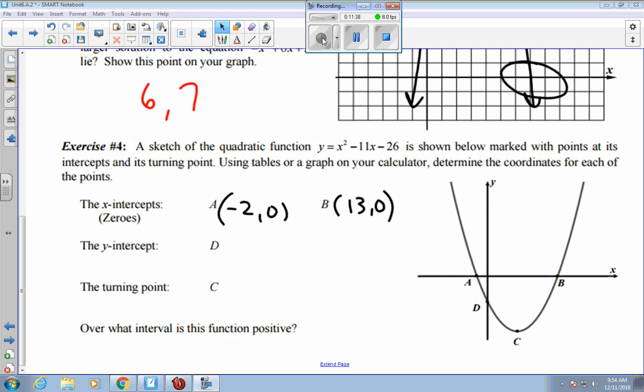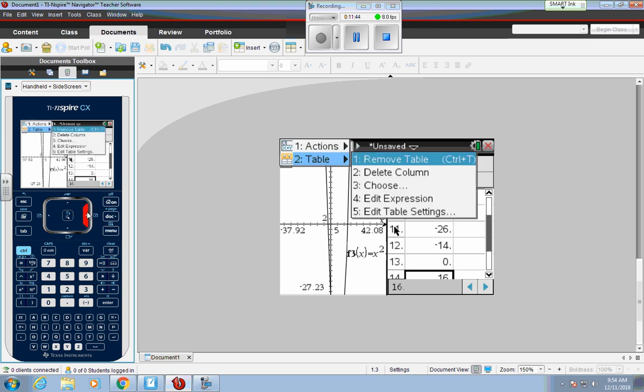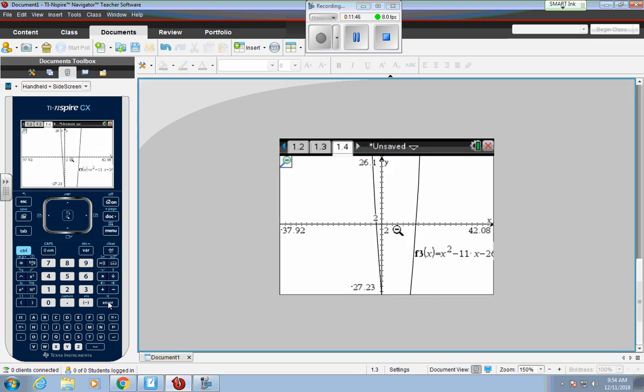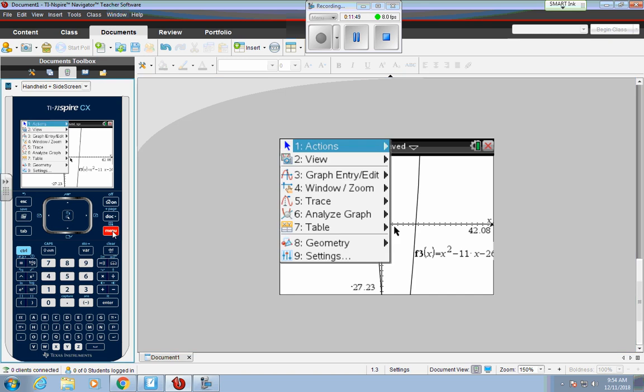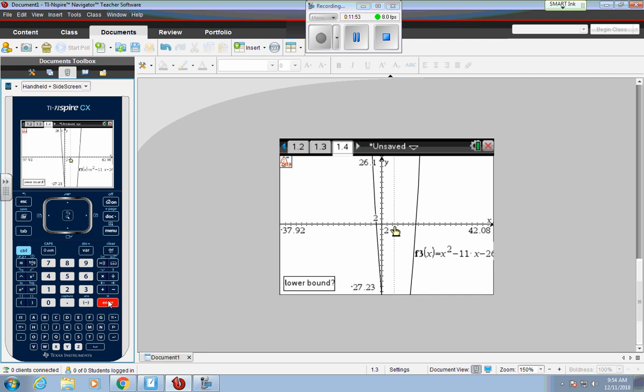Sometimes they are not the easiest to find, the x-intercepts. So if you go back to your graph, remove the table, and we can find Menu, Analyze Graph, the zeros. Make sure you're to the left of the furthest one.